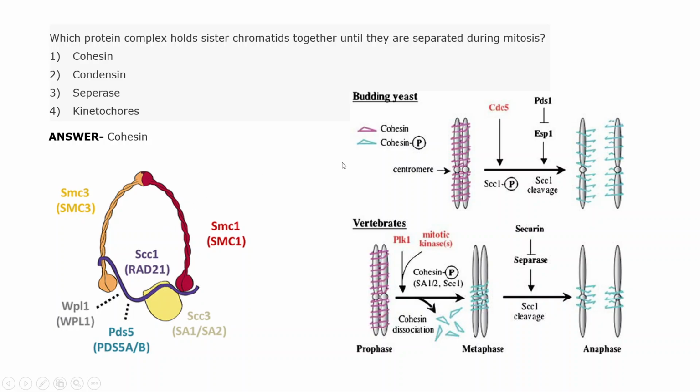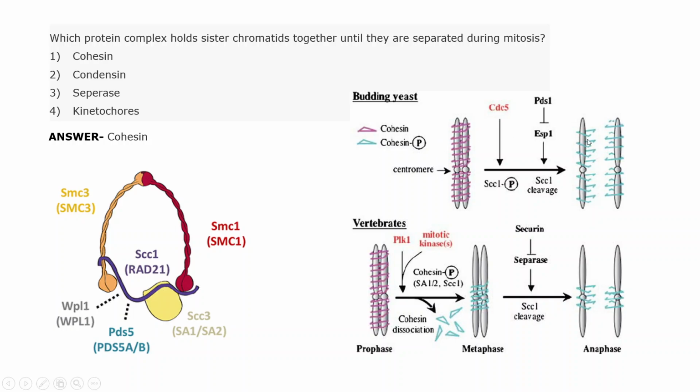If you look at budding yeast and vertebrates, it is almost similar in both cases. There is the cohesin that binds the two chromatids together. When Cdc5 in the case of budding yeast, or the mitotic kinases which help in the transition from metaphase to anaphase, are activated, the cohesin gets phosphorylated.